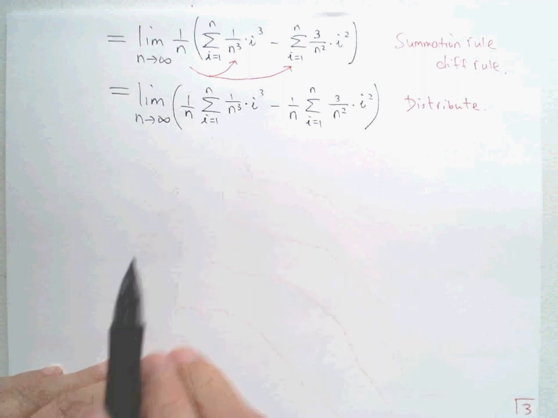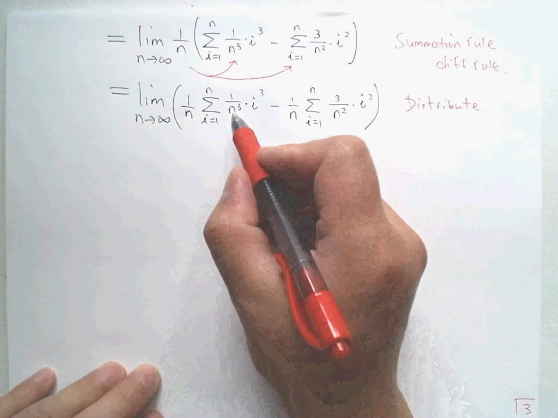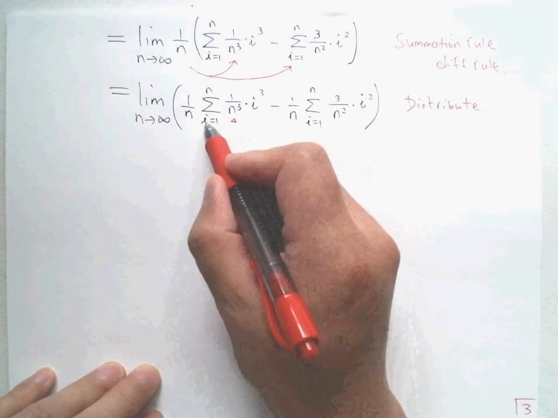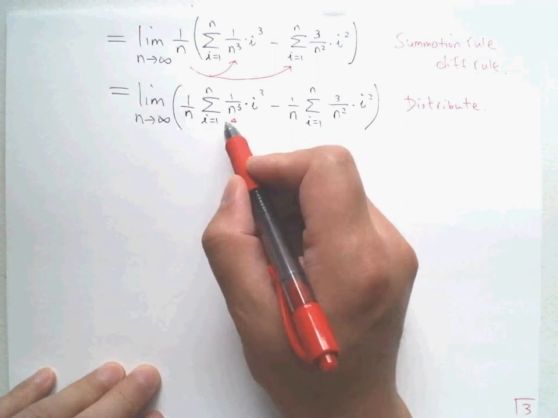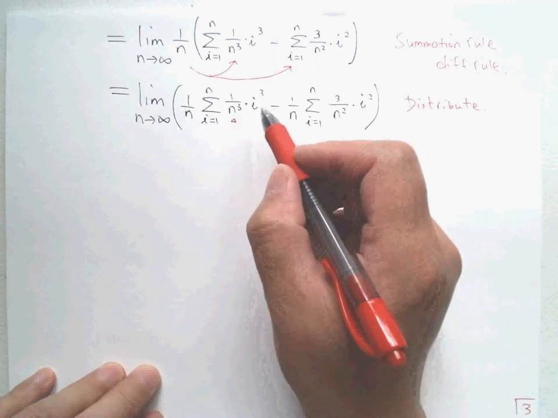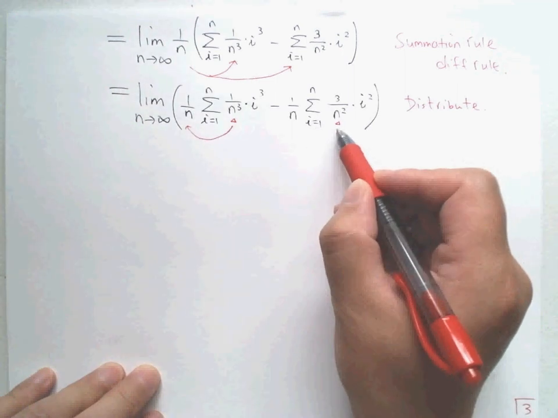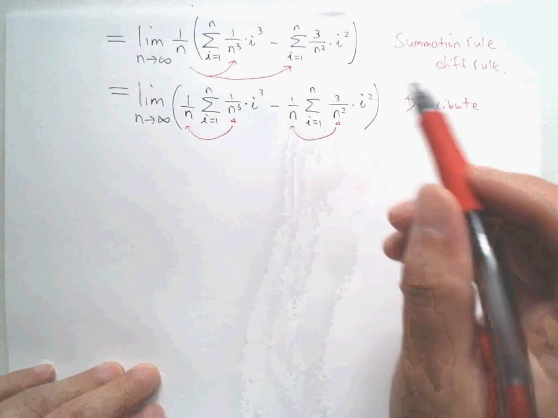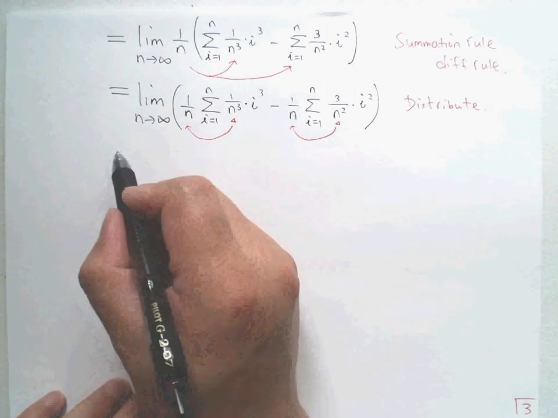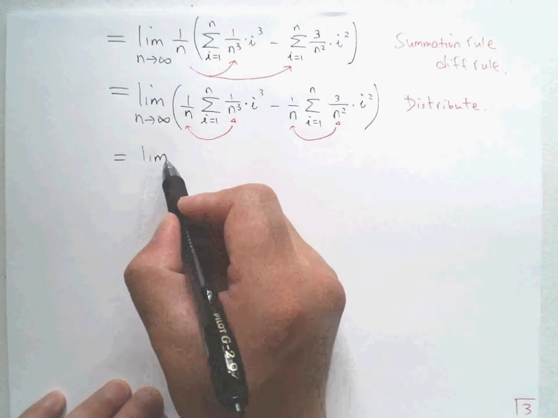And in this way, now we can do what? We can factor out again. Remember, the coefficient does not depend on i. We have the factoring out rule, our summation rule, so we can factor this out to there. The same for this coefficient, factored out. See, what do we have now?